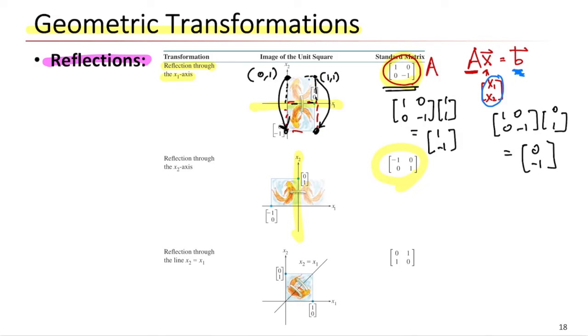What about the x2 axis? We can use this matrix, [-1, 0; 0, 1]. This is a reflection through the x2 axis. What about reflection through the line x2 equals x1, like this one? We can use this one, [0, 1; 1, 0]. Why? This is the input vector x.